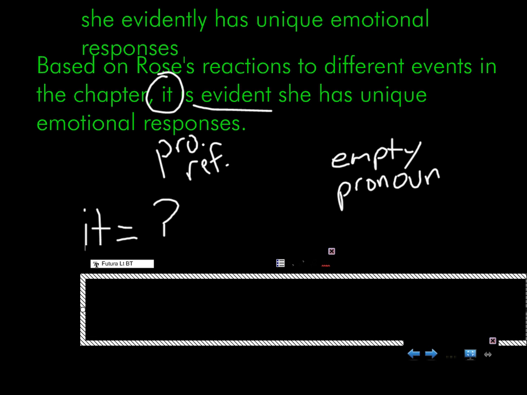But let's try something else. What are they doing? Evident that she has unique emotional responses. What verb are we looking for? Not create. Demonstrate, show. So Rose's reactions to different events in the chapter demonstrate her unique emotional responses.